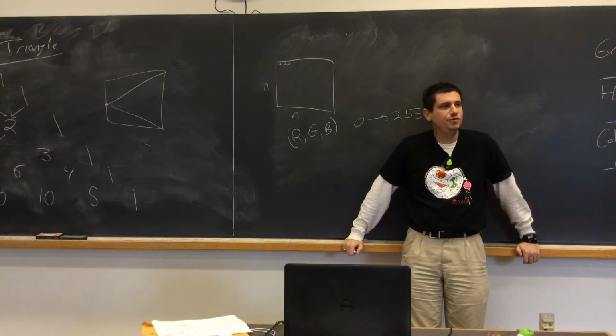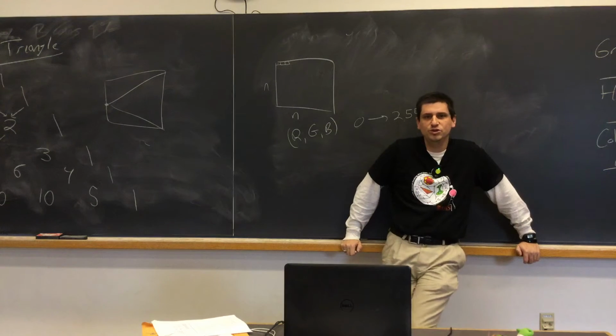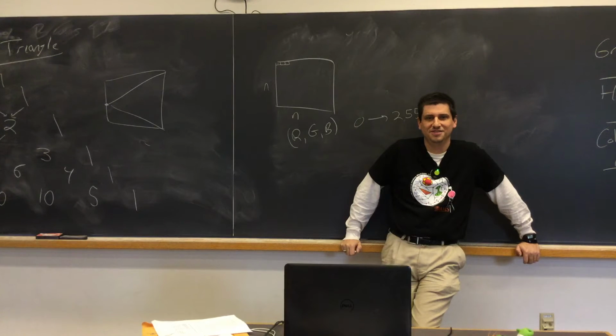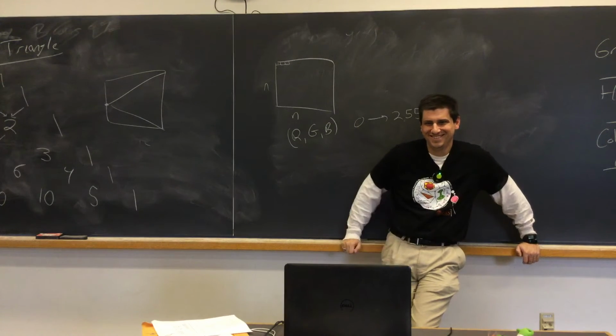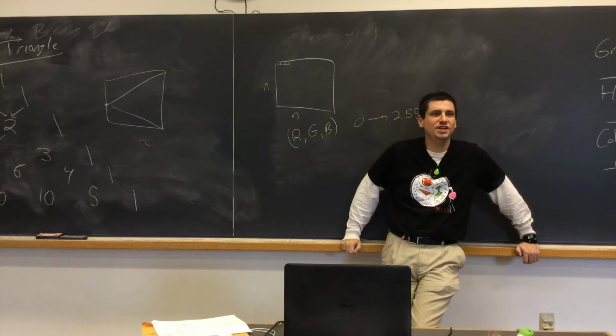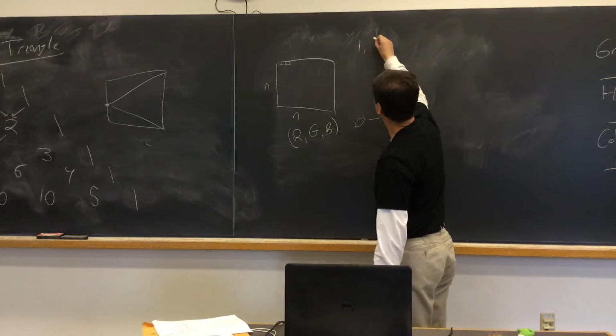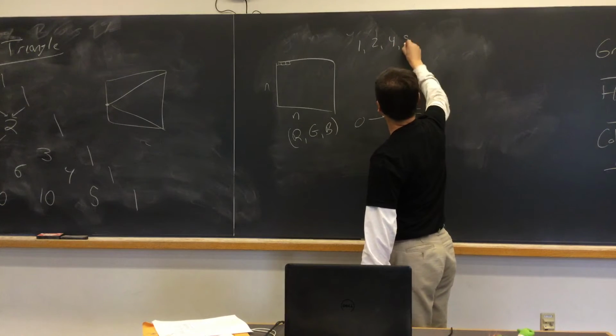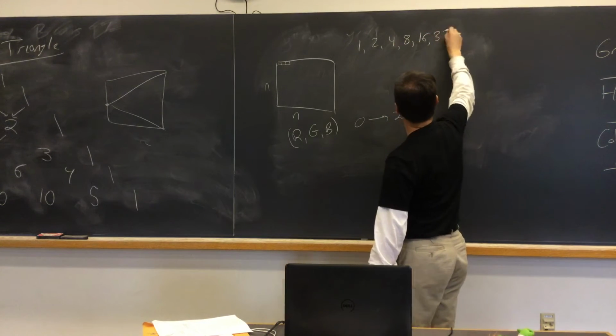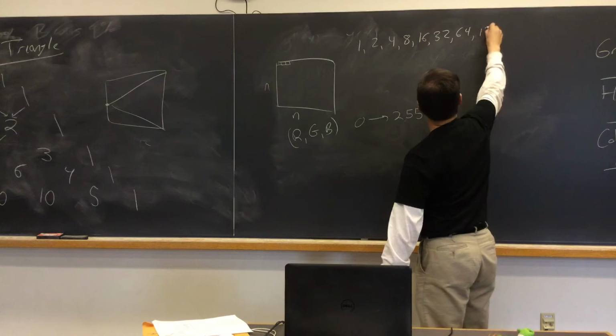When you see the number 255, or 0 to 255, what should you be immediately thinking about? Binary. This is 1 less than 256, and I'm starting at 0. So my binary: 1, 2, 4, 8, 16, 32, 64, 128.